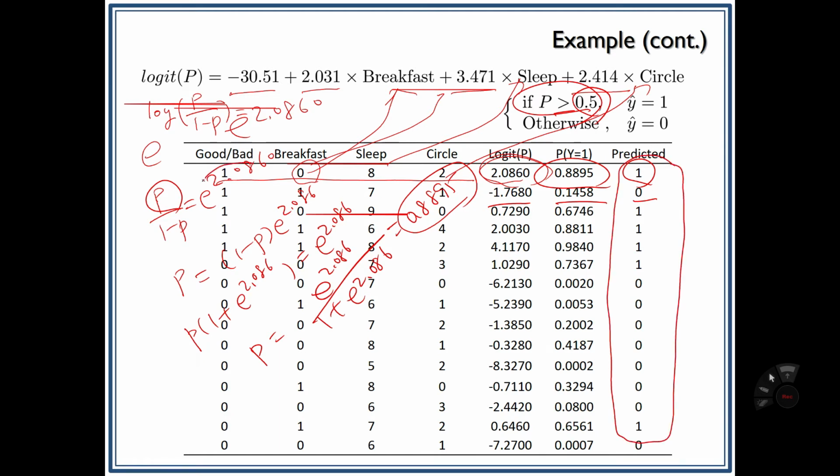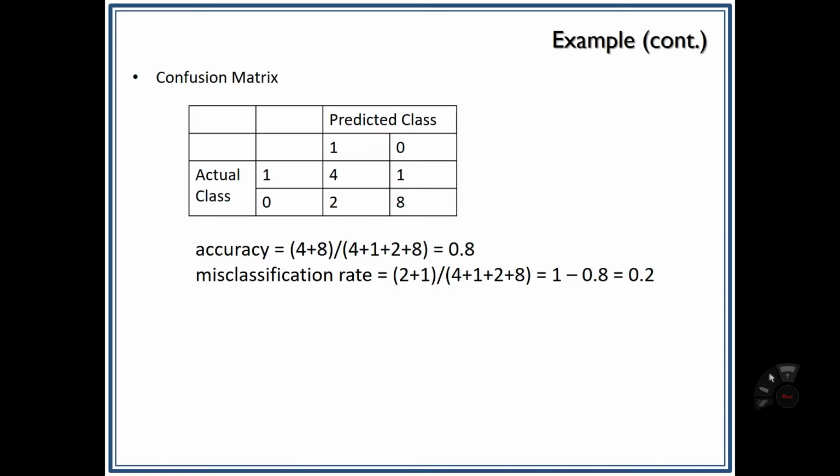And here we have the true Y values. By counting the cases where we have 1 on the true class and 1 on the predicted class, we count this case, this one, this one, and this one. So there are 4 observations of class 1 objects that are correctly classified.